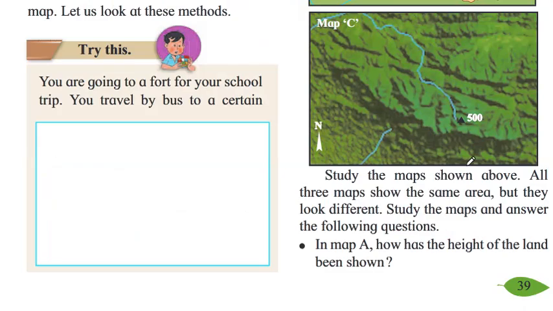Study the maps shown above. All three maps show the same area but they look different. Study the maps and answer the following questions. In map A, how has the height of the land been shown?